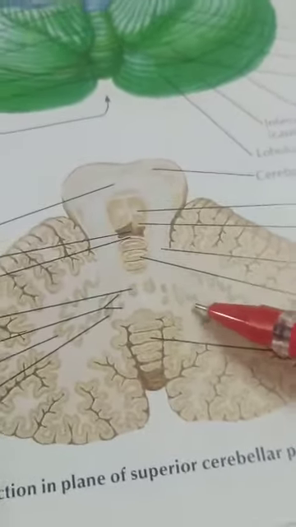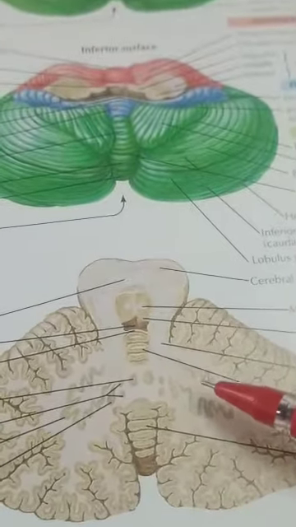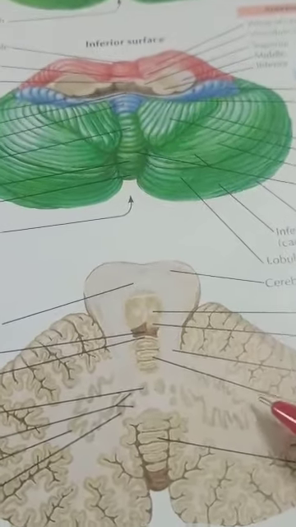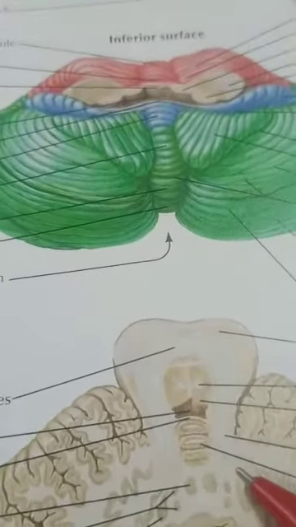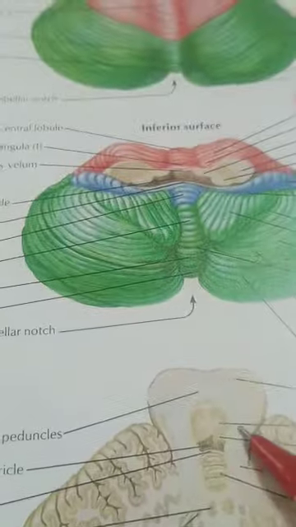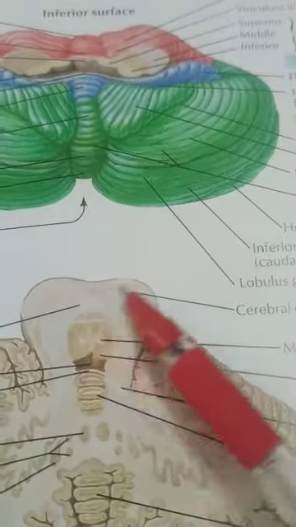The cerebellum is connected to the brainstem through three cerebellar peduncles. The midbrain is connected to the cerebellum through the superior cerebellar peduncle. Here we can see the midbrain and cerebral peduncles.